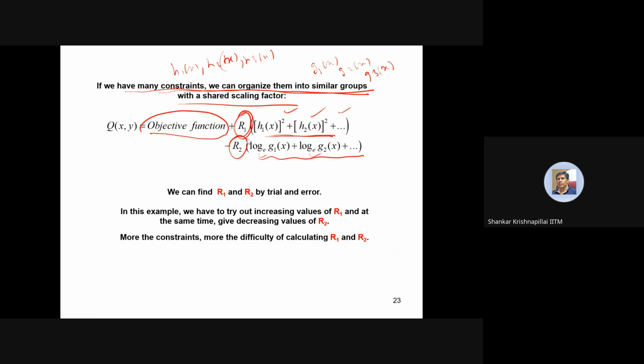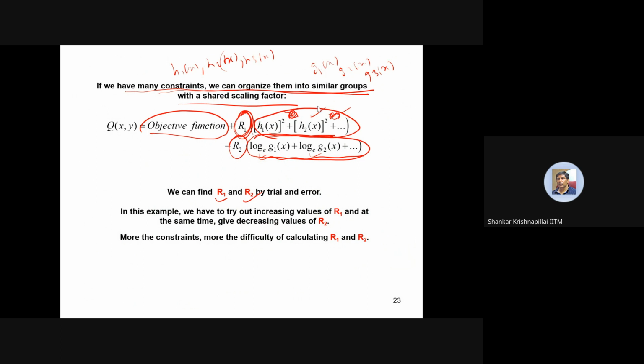Because the reason is that if you give individual R1, R2, R3, etc., then it becomes extremely difficult to track the different values of R1, R2, R3. So we have one common value of R1 for all equality constraints and one common value of R2 for all inequality constraints. So that is the only manageable way. Okay. Then we have to find R1 and R2 by trial and error.